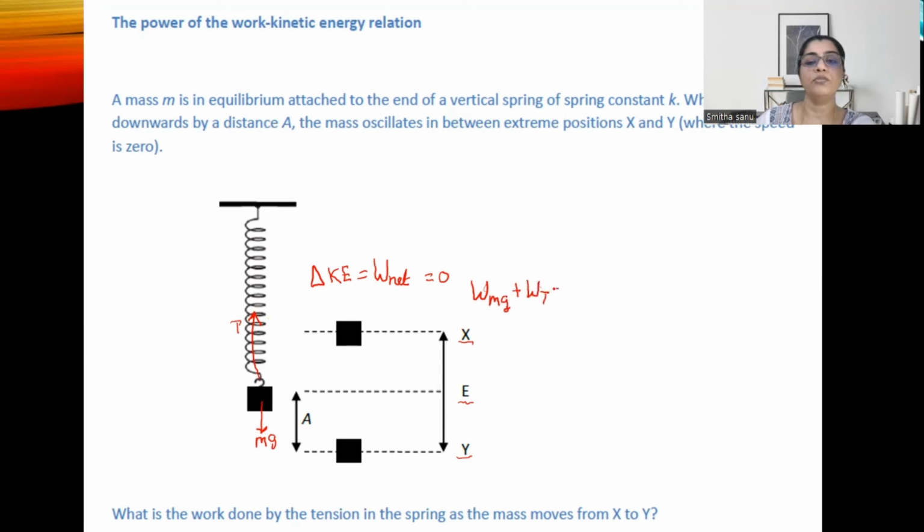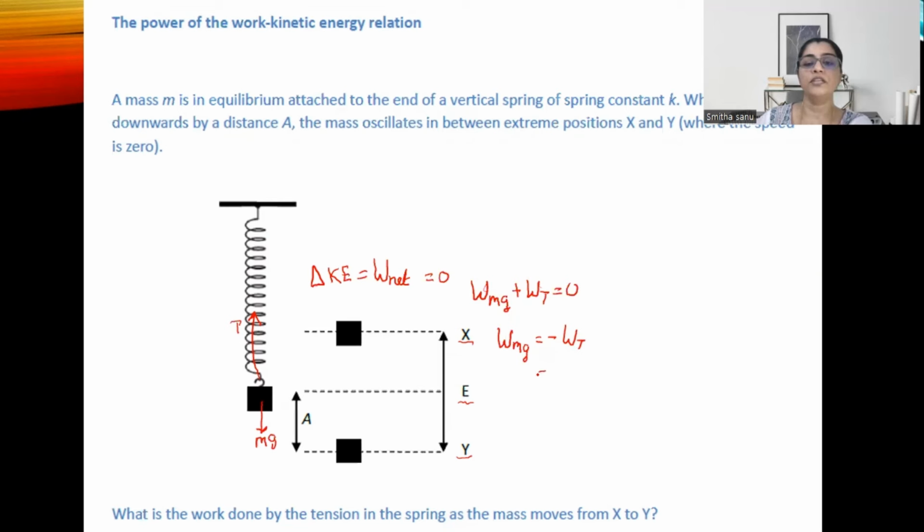Since the net is 0, I can put both of them equal to 0. So what can I tell? That work done by the weight of an object is equal to minus work done by tension.